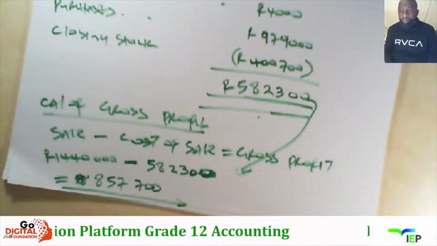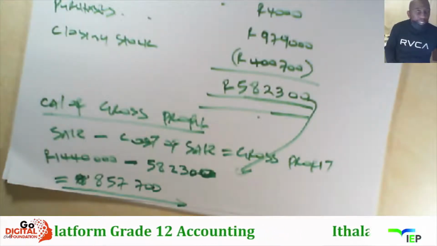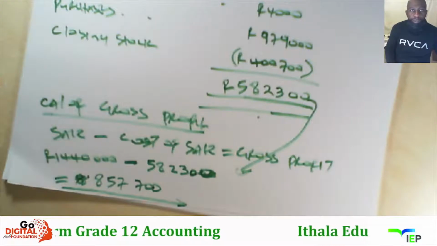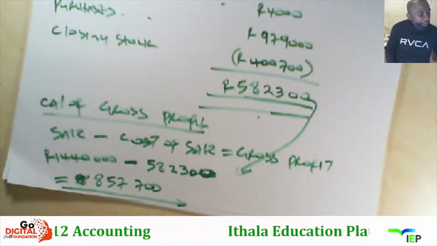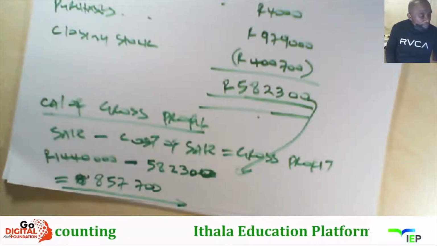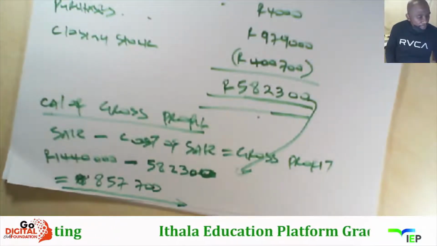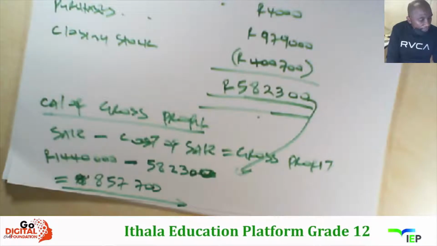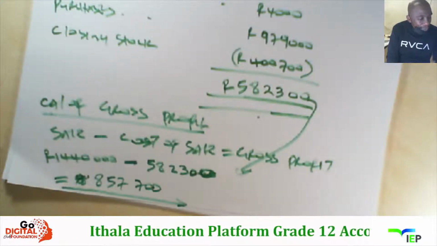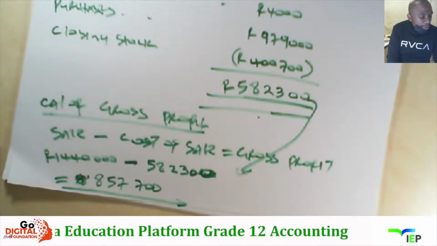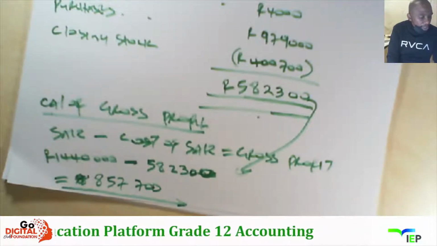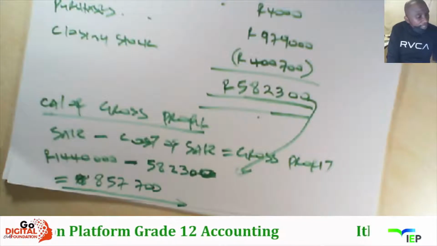Right, maybe let me just check how many minutes left, if maybe we can still do another one. Okay, yeah, then there is a theory question. This one is for the weighted average. I will skip it for now because we'll be doing weighted average shortly. I'll go on the theory one.